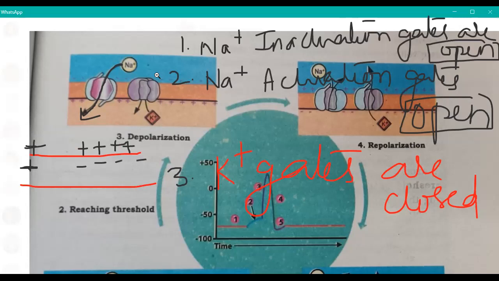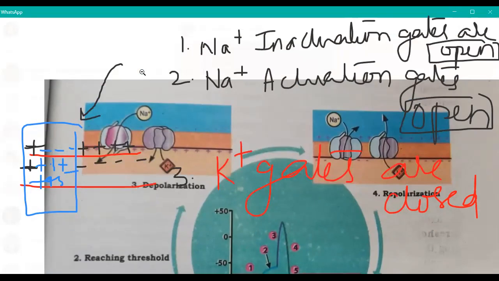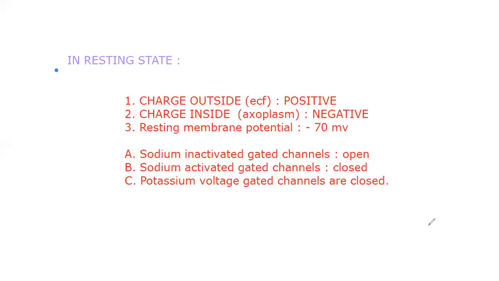But during depolarization, because of the influx of sodium, outside becomes negative and inside positive. That is the reverse condition. How much positive? We have the answer, plus 45. Okay, we need to write that in the form of notes, so let me go to the whiteboard.